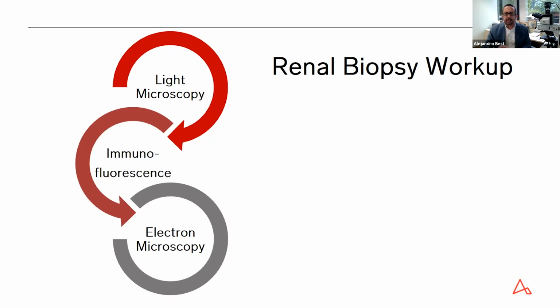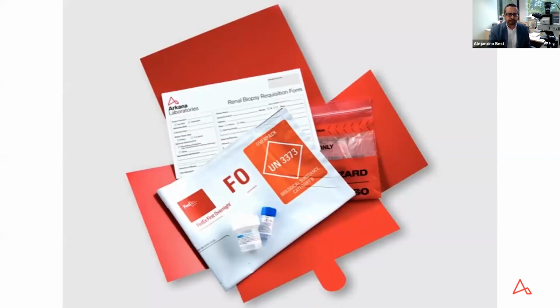Today we want to change that a little bit, and we're going to do this very immunofluorescence-centric workshop. This makes a lot of sense because immunofluorescence gives you a lot of understanding regarding the etiology of the disease. And in real life, that's kind of how our brain works. We start with the IF, and then we branch to light microscopy and electron microscopy. So I hope we can really show that during the next 2 hours.